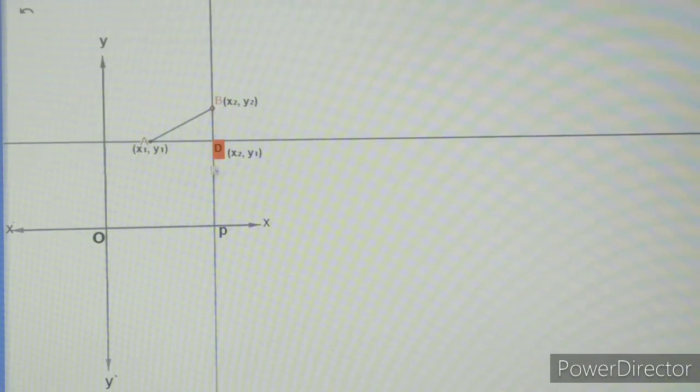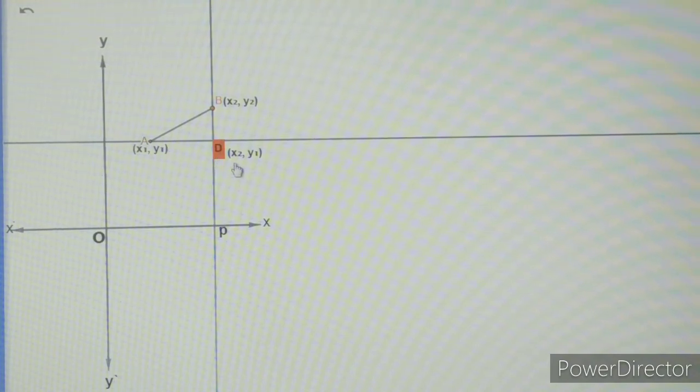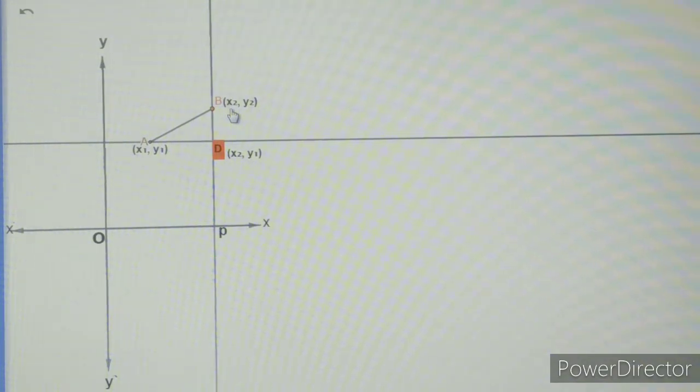Since line BP is parallel to the y-axis, any point on this line will have the same x coordinate, and therefore the coordinate of point D is x2 and the coordinate of point B is x2.